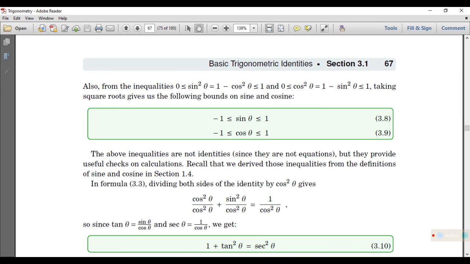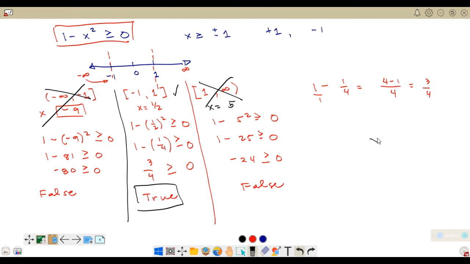So, for both sine and cosine, for both x, the values that it can only take are the values between -1 and 1. So, ang x natin dito kanina, general ko na lang, it can pertain to both sine and cosine. So, -1 to +1, in between lang ang pwedeng value na i-take ni cosine.